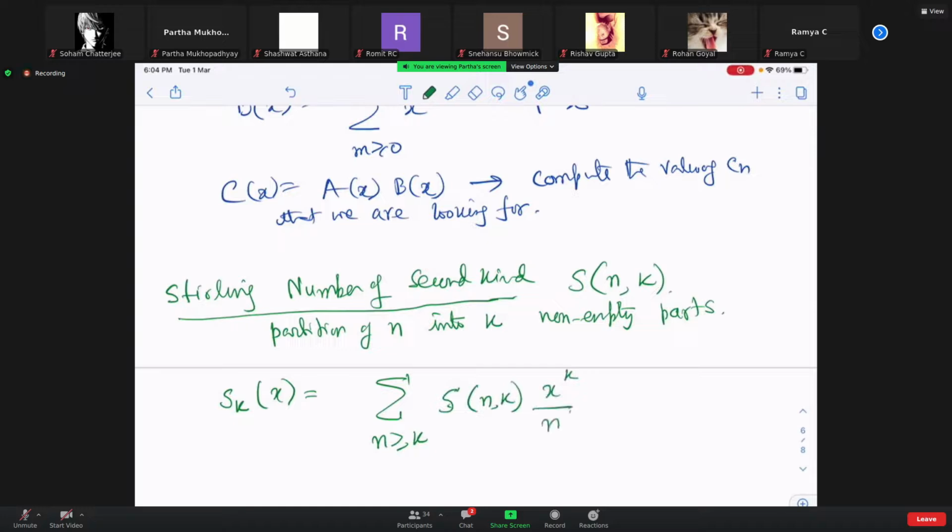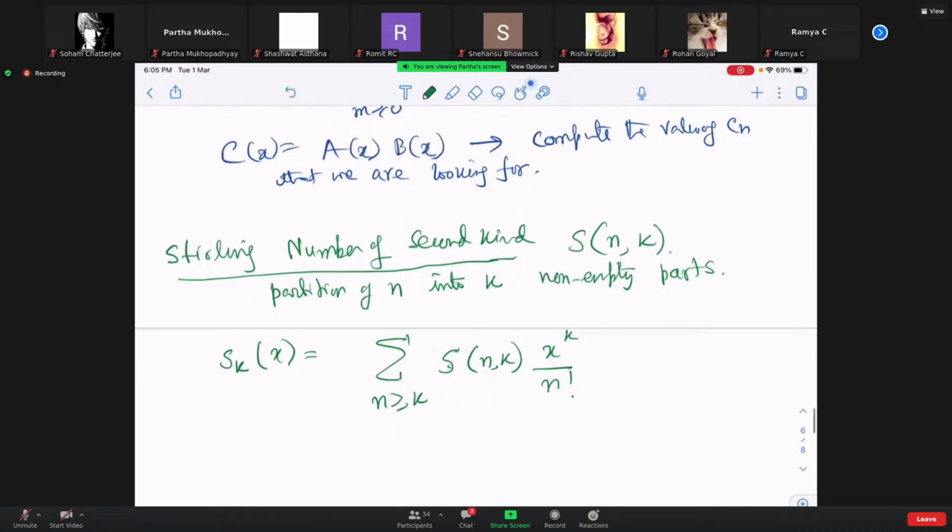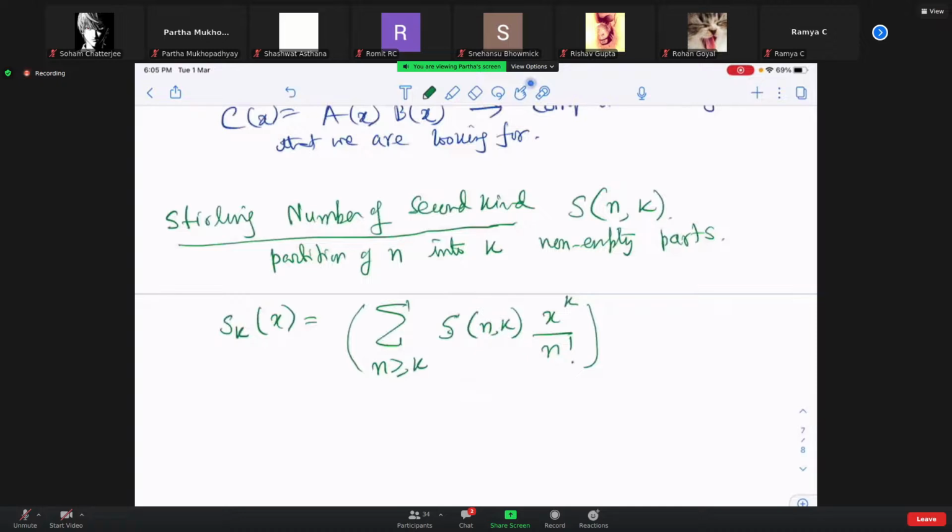The closed form of this generating function is quite useful. Why have I taken n greater than or equal to k? Because it's a non-empty partition, so at least you have n many numbers, right? Now how do we find a closed form for this? If you think directly, it looks difficult.